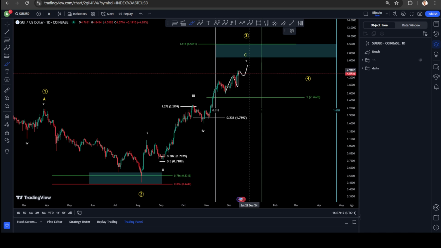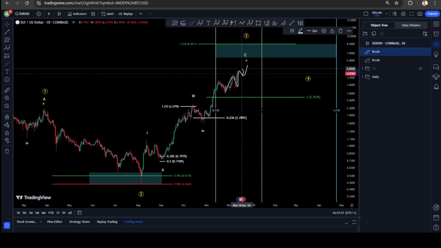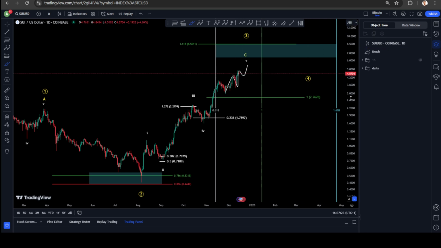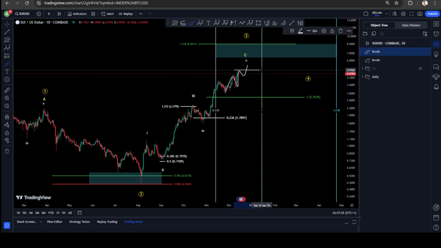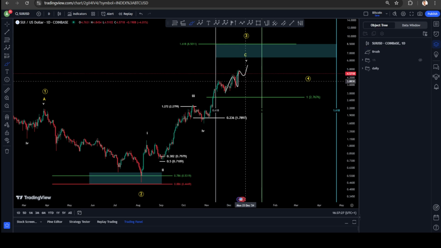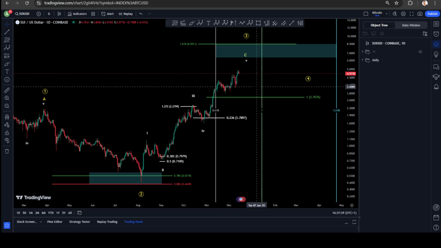We reached 4.9, which is not really psychological, but for every coin, with such a psychological number like $5, you will start to see some take profit even before getting to $5. And this is what we might be looking at for SUI.